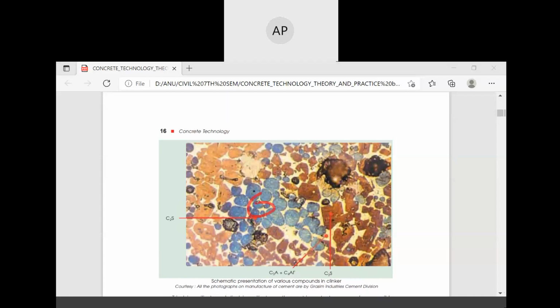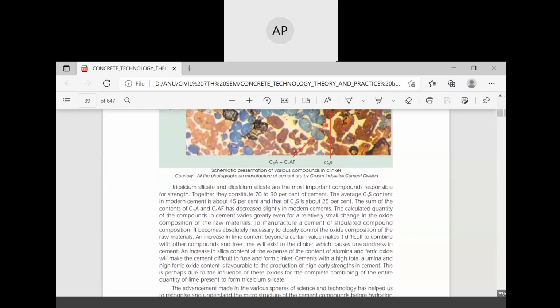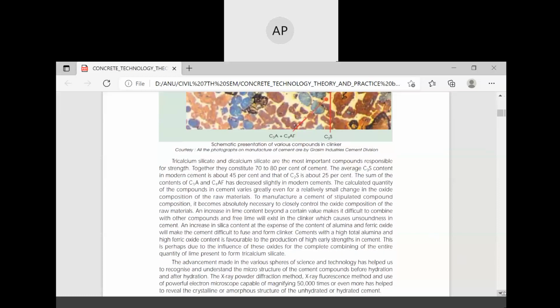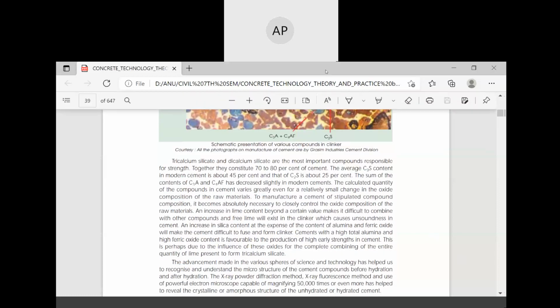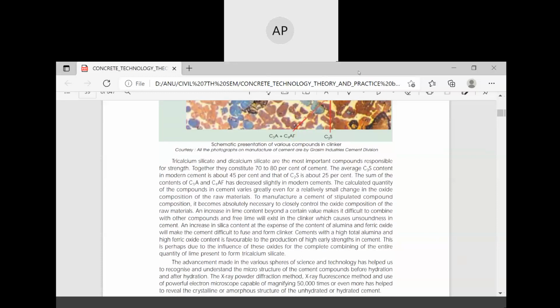These are C3A and C4AF, okay, and C3S, tricalcium silicate. Yes, there are some important works of these Bogue's compounds, okay.